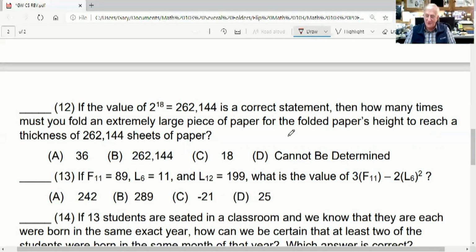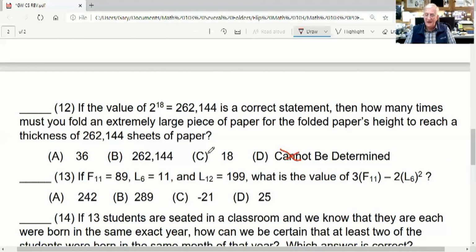Well, it can be determined, so D isn't right. Okay. It isn't 262,144.